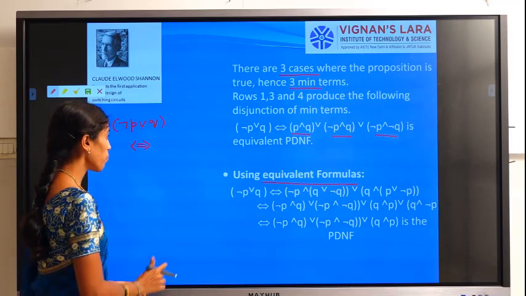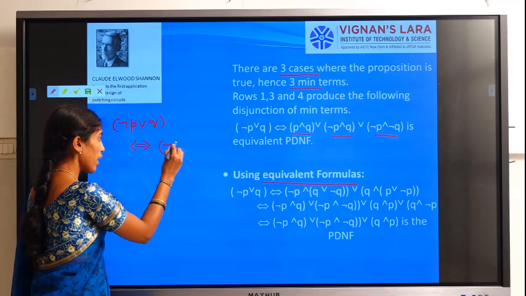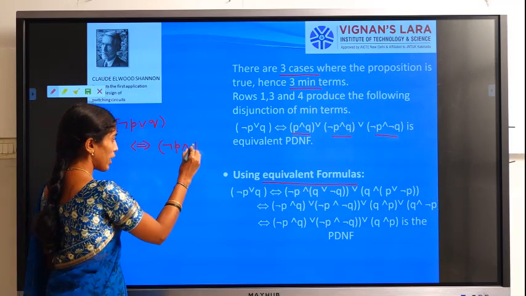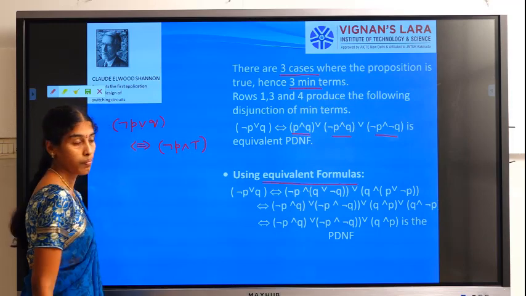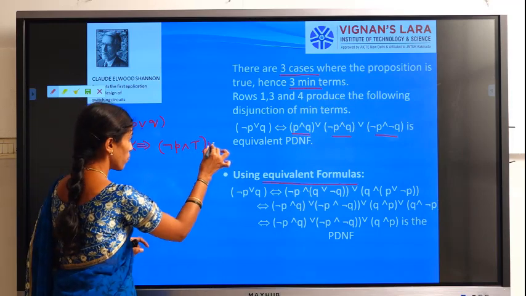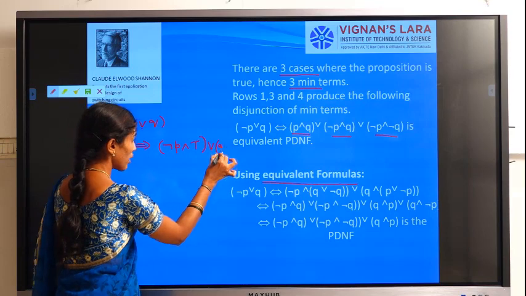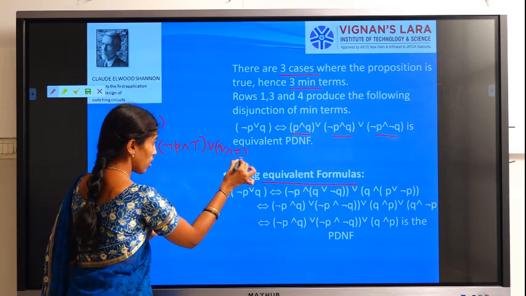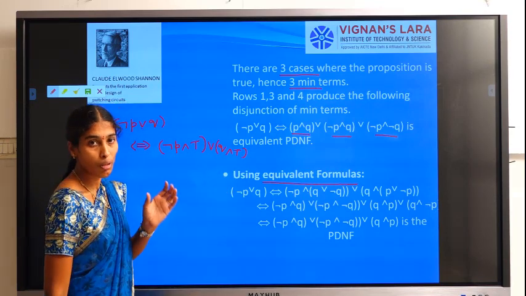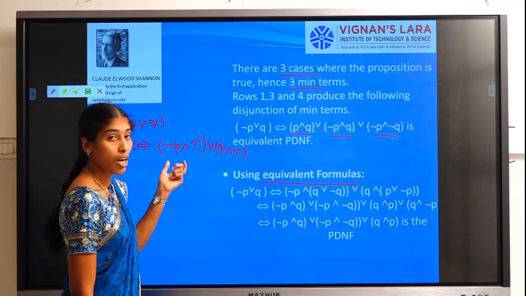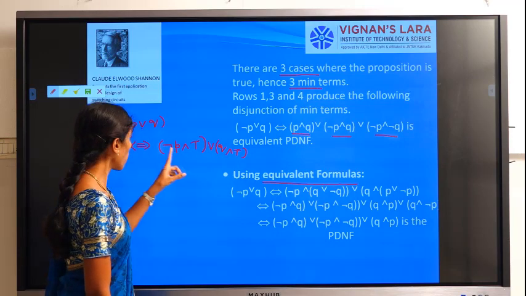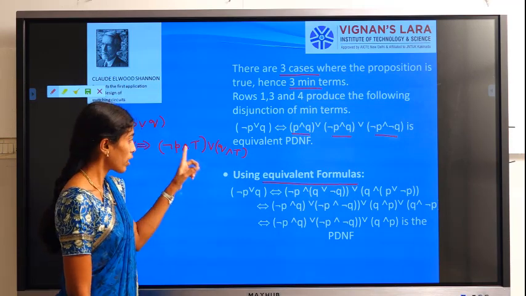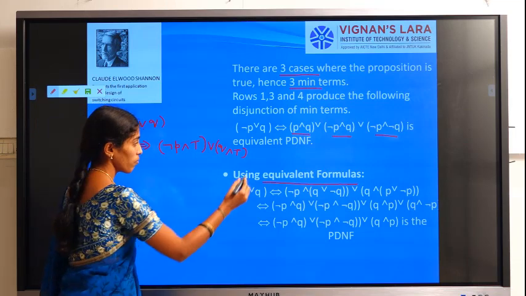If it is not a min term, then we write this as negation P and T, Q and T. Where the particular term is not a min term, then write that as that variable and T.